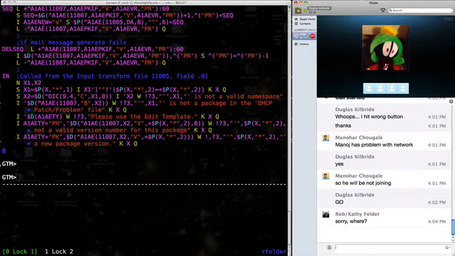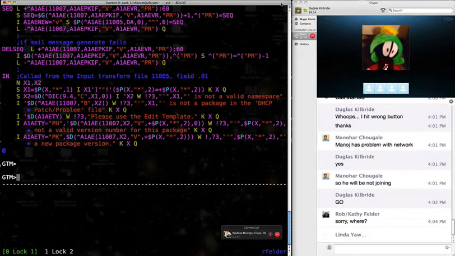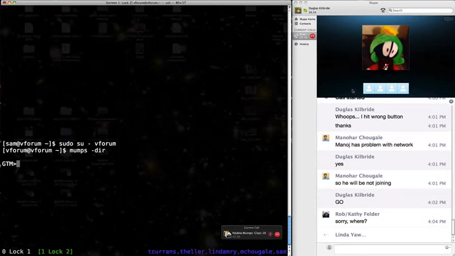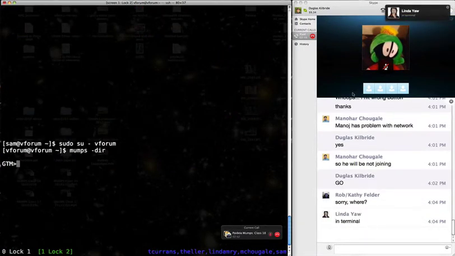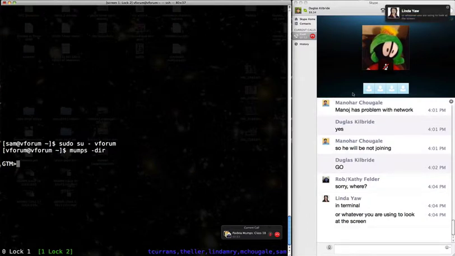Even on a Mac, you should still use the Control button, not the Command button. I see Douglas joined us. Rob, still don't see you.